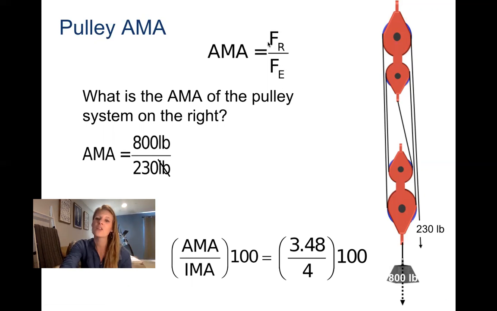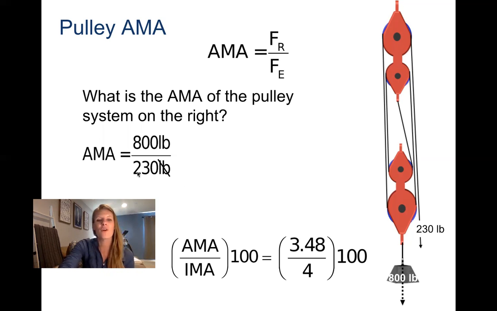Now we're going to look at the actual mechanical advantage. In order to get that, you have to have the forces instead. So I have 800 pounds of force, that's my resistance force that goes on top, and it takes 230 pounds of me pulling down. It's providing a mechanical advantage, right? I had to pull less than it actually weighs.